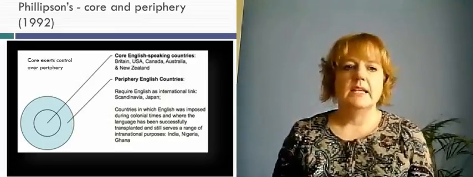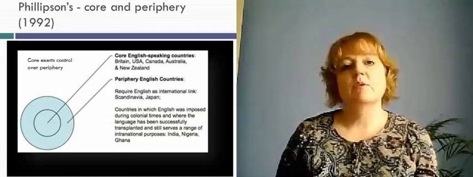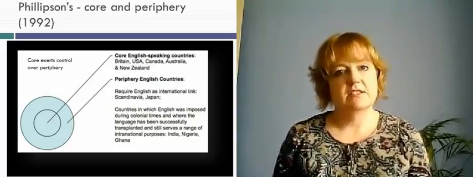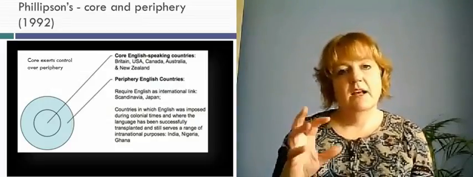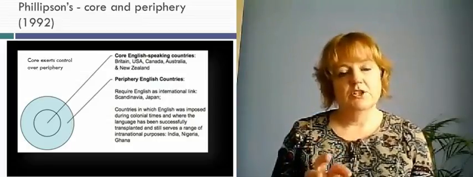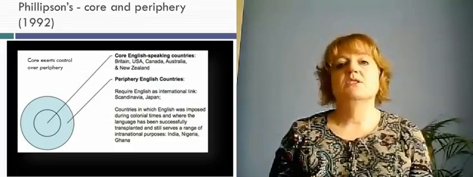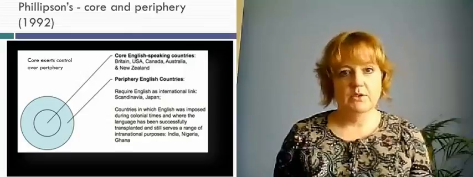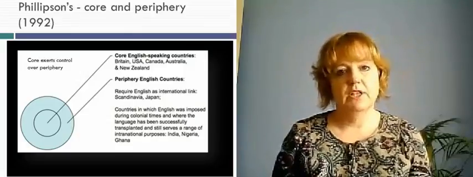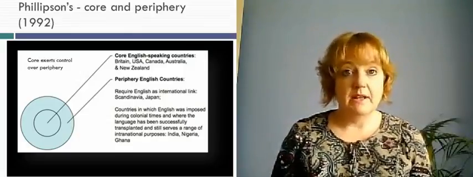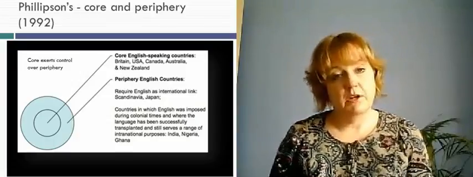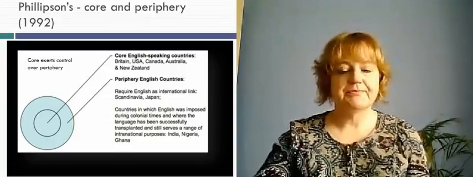So in Phillipson's model there's more of a power dimension, because he suggests that in the core countries, the people who speak English there try to exert power over how English is spoken in all of the periphery countries, and we'll be reading about that shortly in an article by Phillipson today.